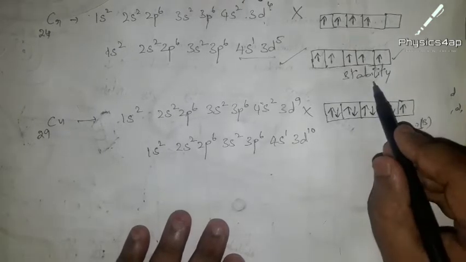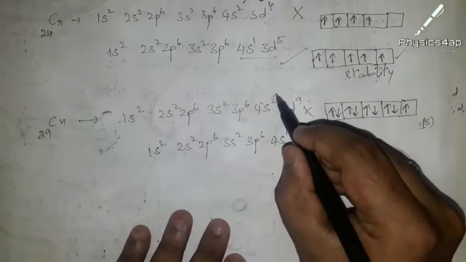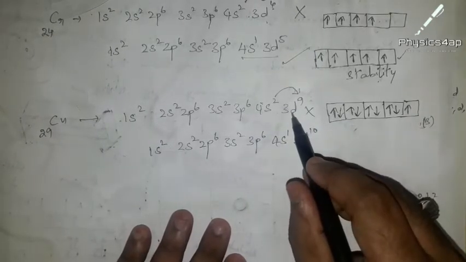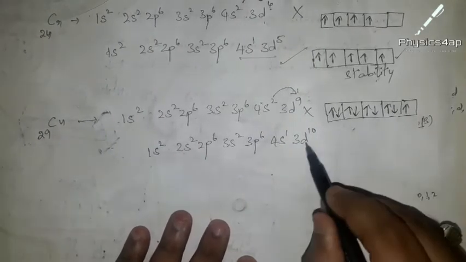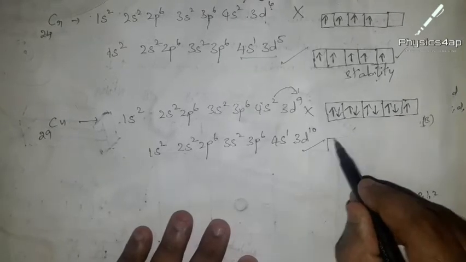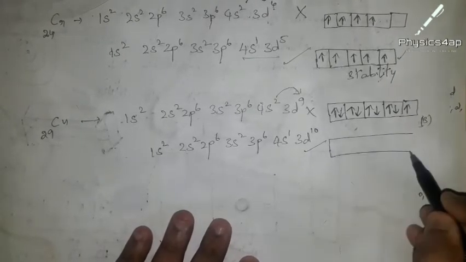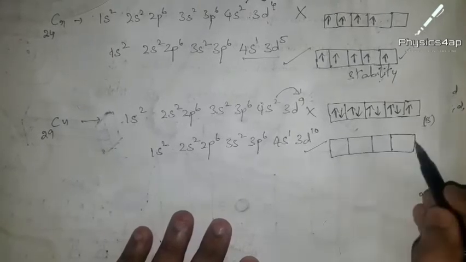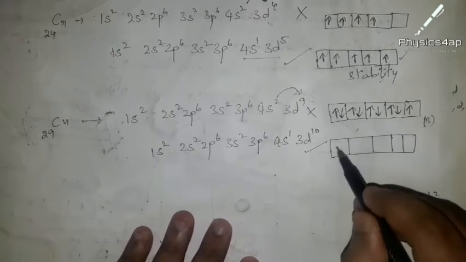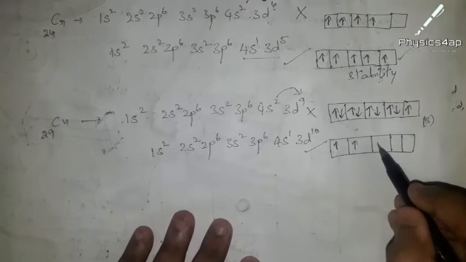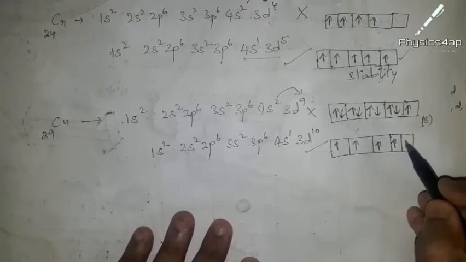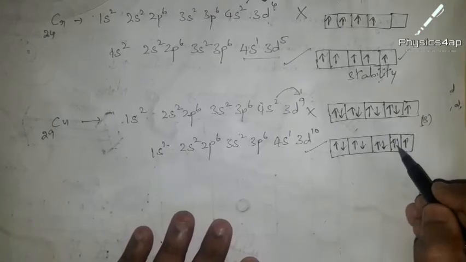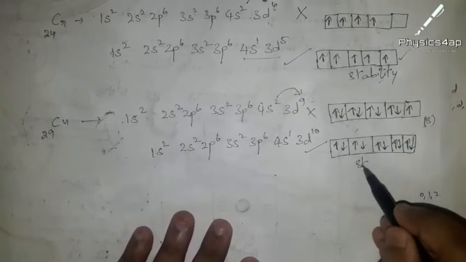Now to become stable, an electron from the 4s energy level will jump into the 3d energy level, and the degenerate orbitals will be placed as 1, 2, 3, 4, 5, 6, 7, 8, 9, 10. Now it has become stable.